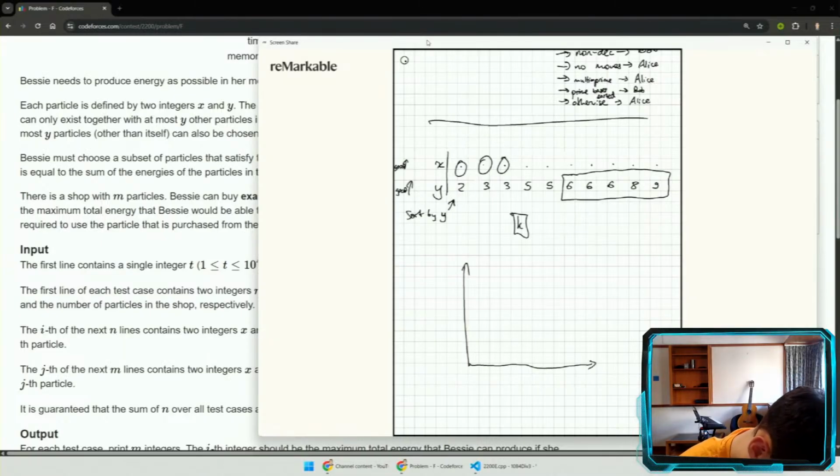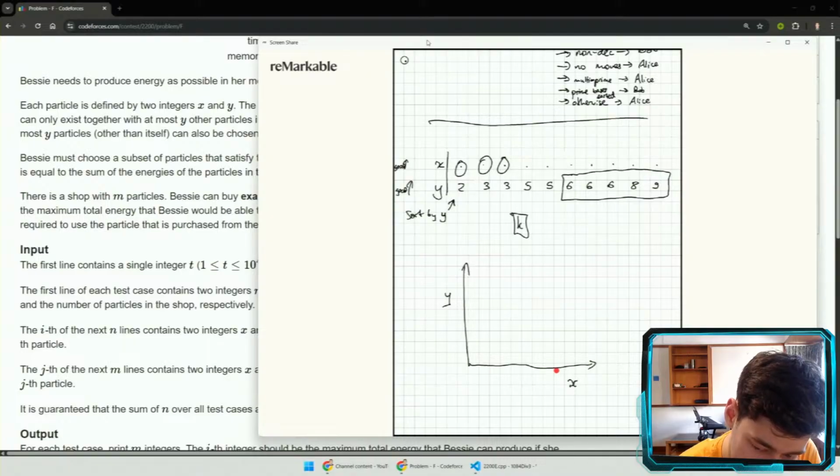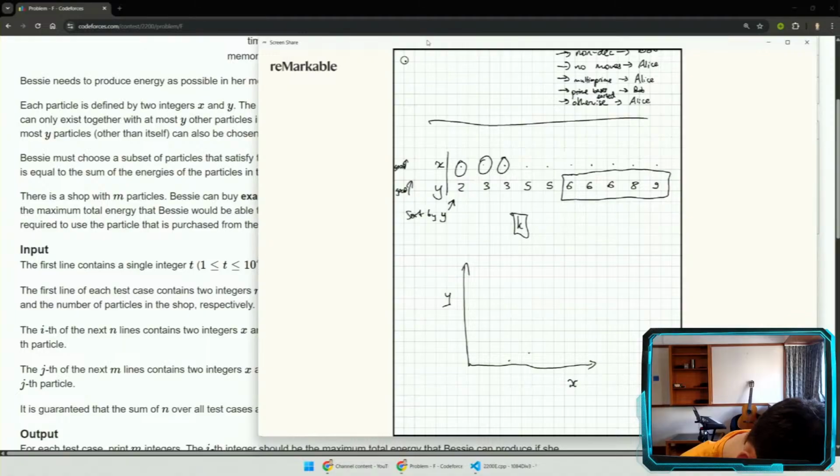So if we put these in coordinate space, this is y, this is x. Actually, that's really annoying. I'd rather put x on the other side, but nobody does that. Just the fact that it's called x means I'll put it here. Let's just do this.